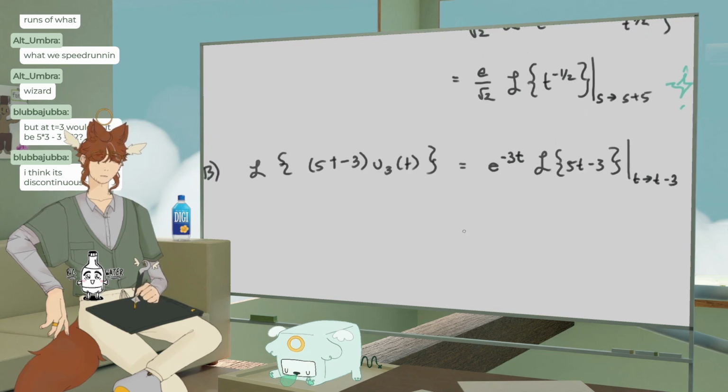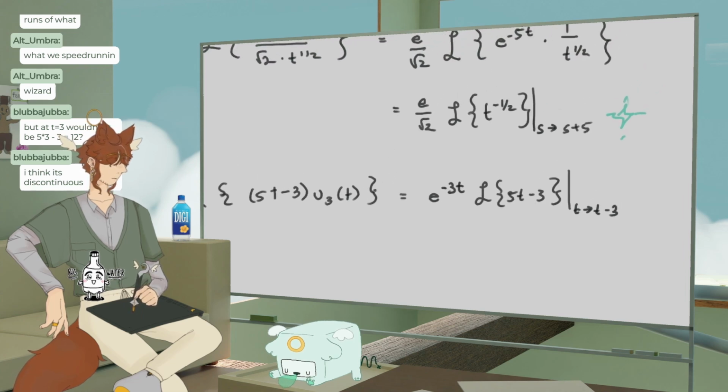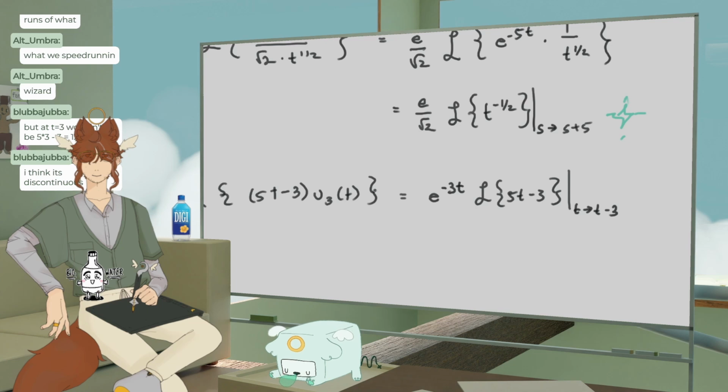But I think we might need to pull out something. This might have to be multiplied by, because I think I want something t minus 3, but I don't know yet. I'll have to look. Let me look at the second shifting theorem real quick.